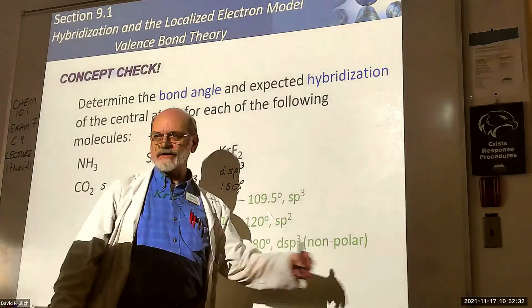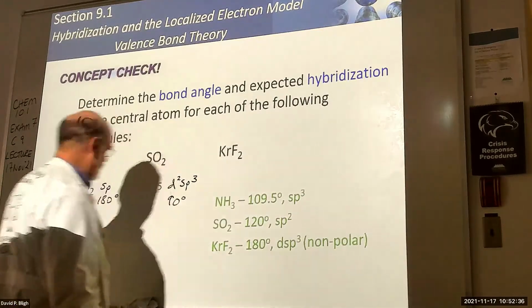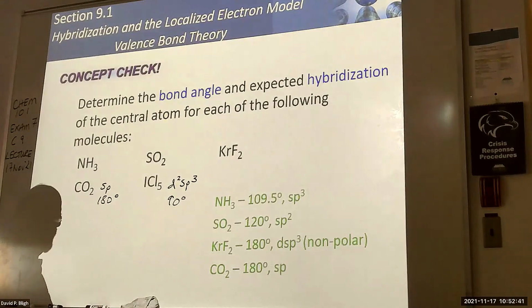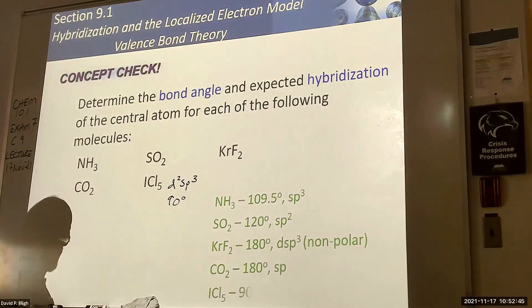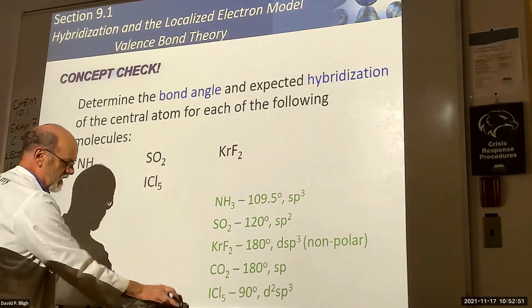An added touch is it's nonpolar because it's linear. Okay. CO2, we know that one's linear, sp hybridized. And ICl5, d2sp3. 90 degrees.